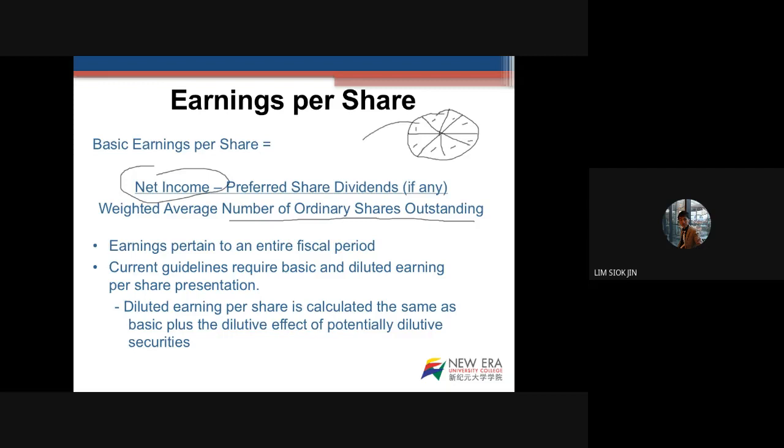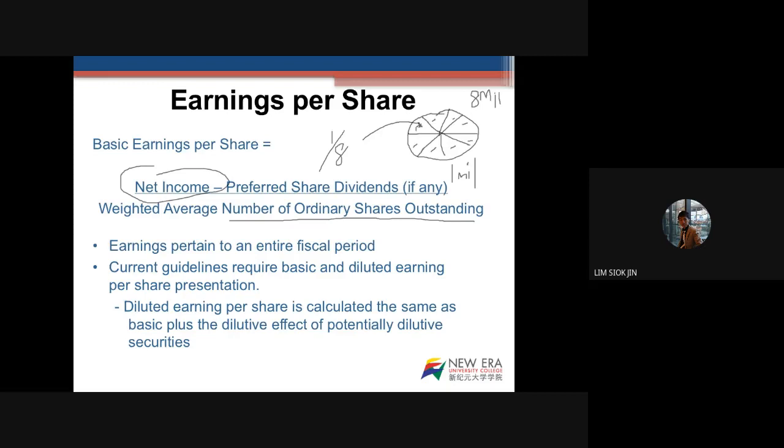So if you have one piece of the pizza, you have a 1/8 share. If the company makes 8 million profit, how much do you get? You get 1 million, because your share is 1/8. So if the company's total earning is 8 million, then you have 1/8.